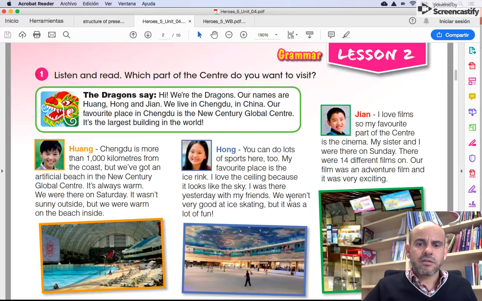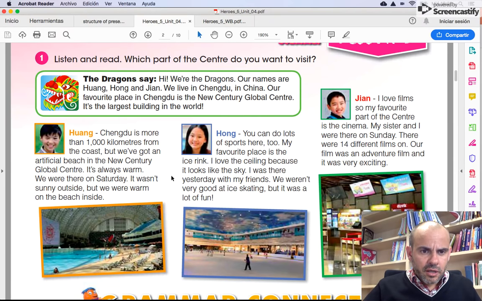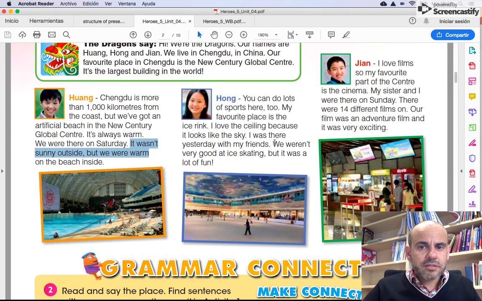It's a text. It offers a rich context, a rich situation with characters and stories and so on. But notice how the target language is already used in the text before it is explicitly presented. Notice that we have a past simple verb to be.